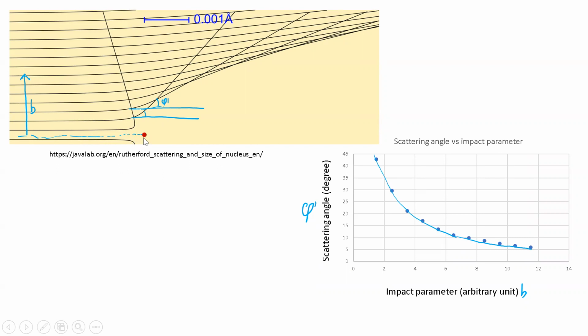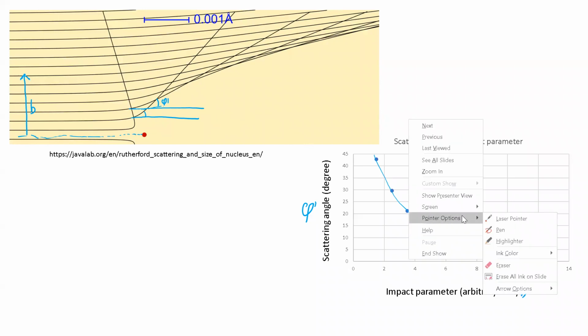So now I want to ask the following question: if I want to have a particular range of scattering angle, then what range of impact parameter am I allowed to have? That is to say, for example, suppose the detector that I have will cover some angular range, right?